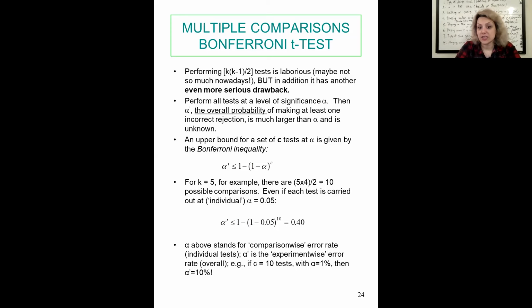With k equal to 5, alpha prime can be up to 40%. If c equals 10 tests with alpha equal to 1% instead of 5%, then alpha prime is about 10%. This is the drawback we would have.